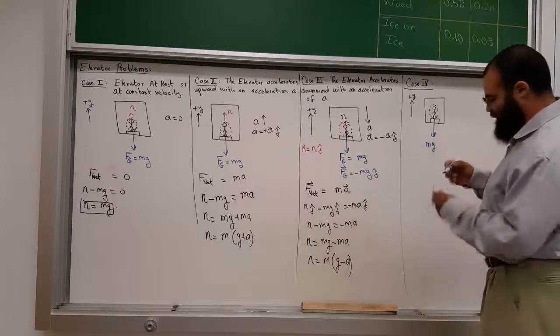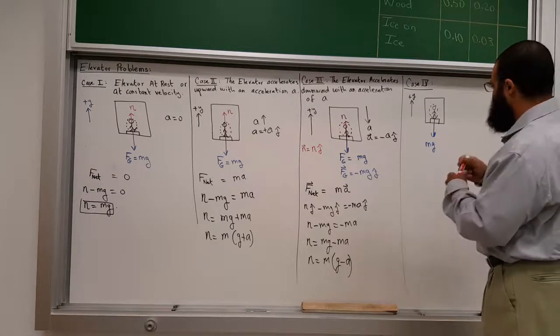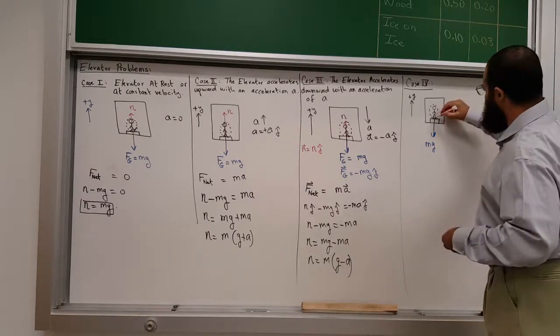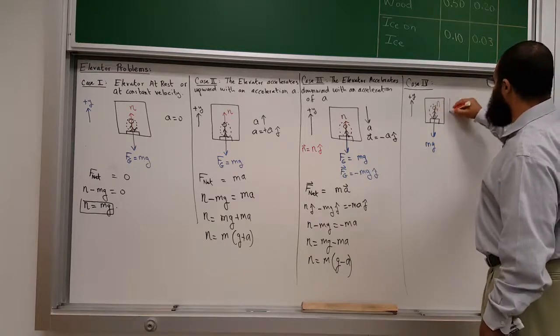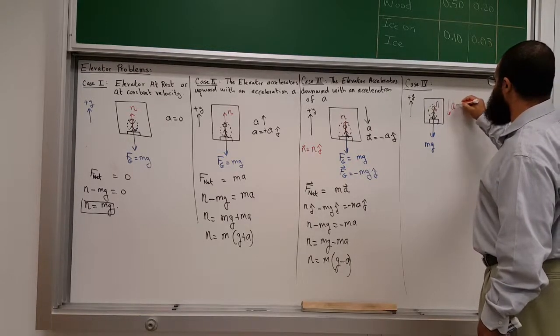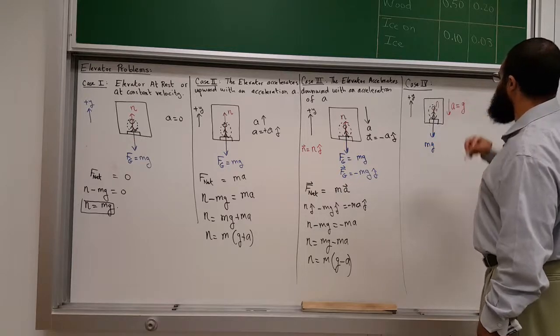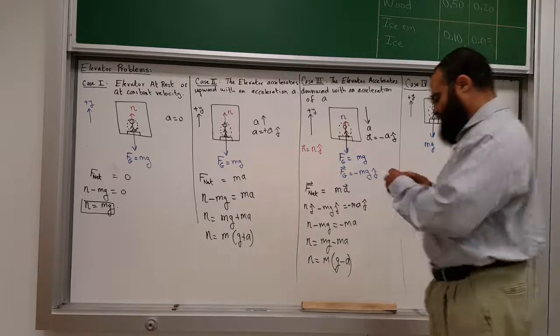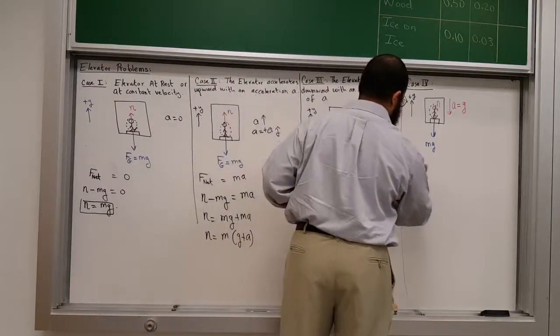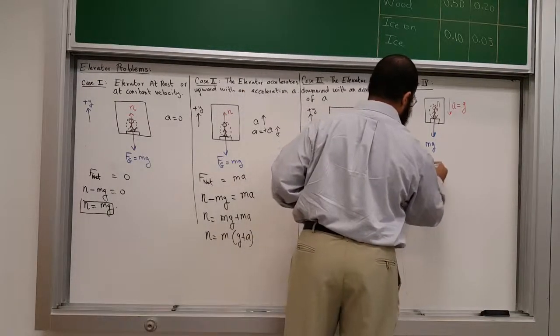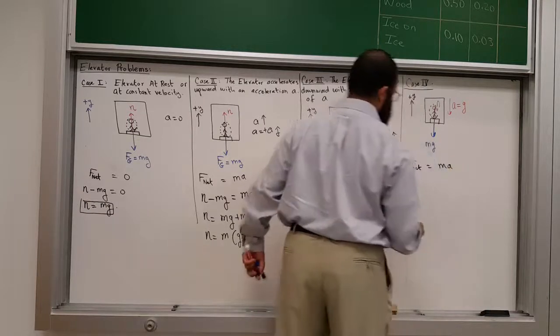So again, you will have an mg downward. That's the force of gravity on you. And then there could be a normal force, and we want to find it. And then the acceleration is equal to g, but it's downward. So we say the net force equals ma. The net force will equal the mass times the acceleration.